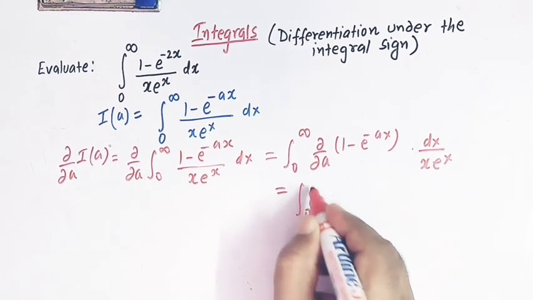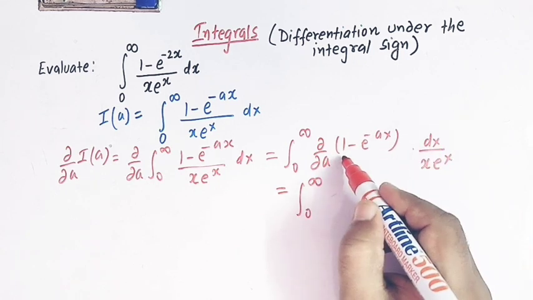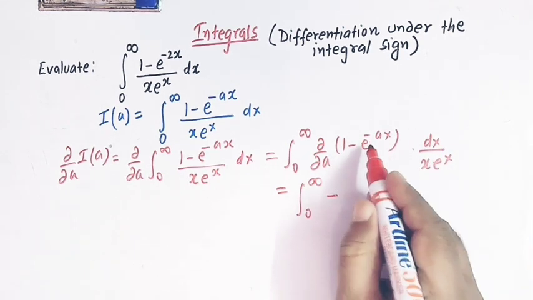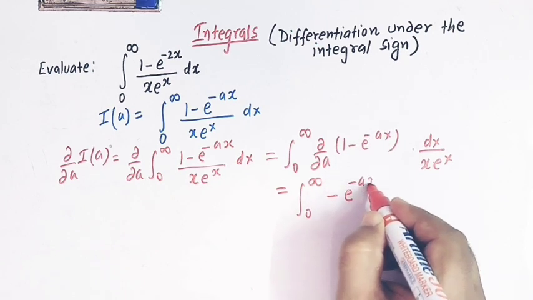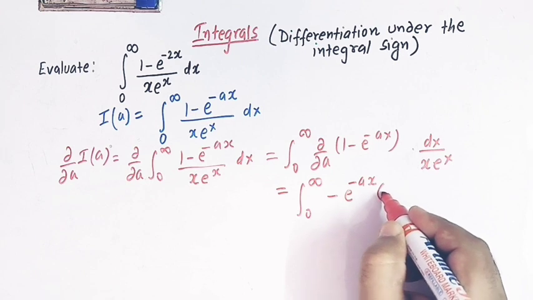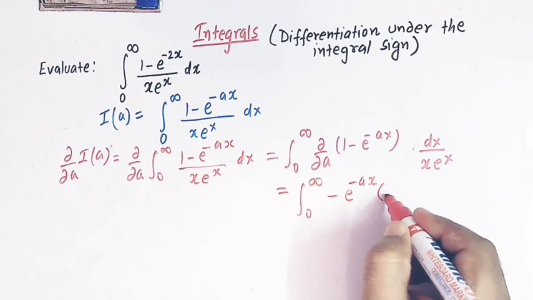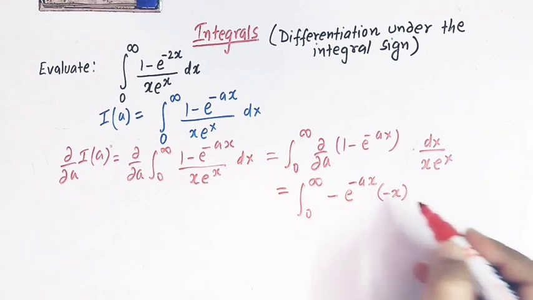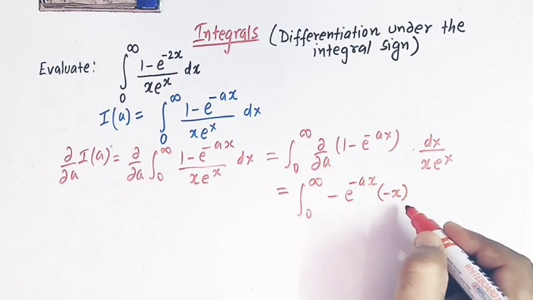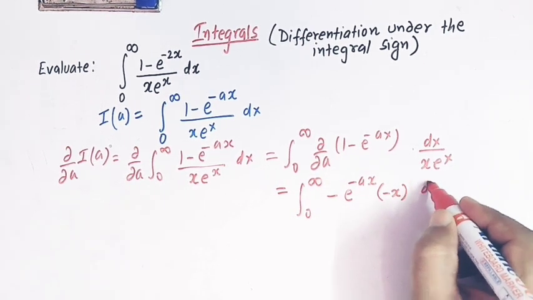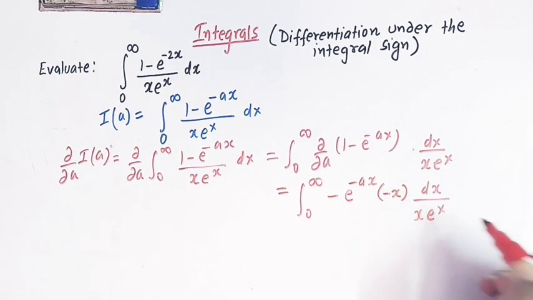So now we have 0 to infinity, the derivative of 1 is 0 being a constant, and here we have the derivative of e^(-ax) as e^(-ax), and when we apply the chain rule, we have simply minus x, because the derivative of minus ax with respect to a is minus x, and here we have dx, and this is x e^x.